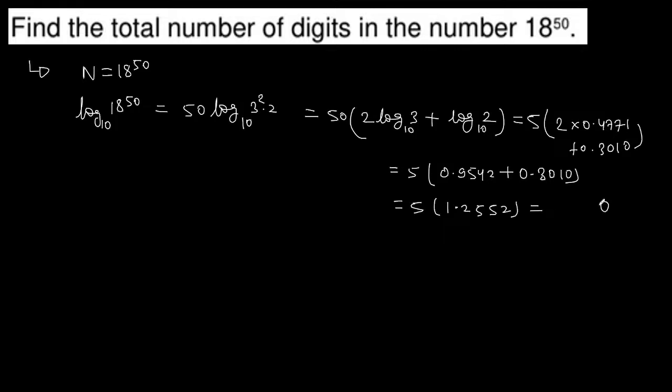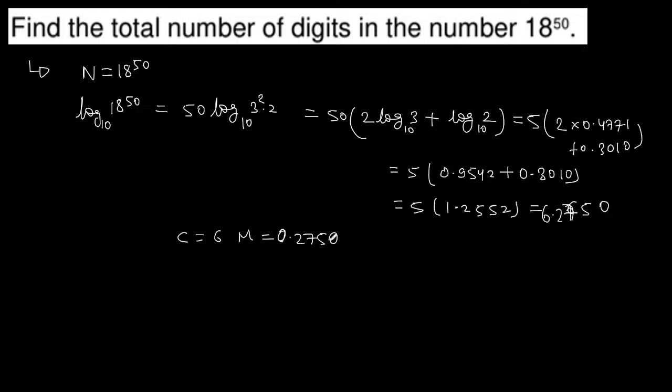This is 62.7, so here we can say that the characteristic is 62 and the mantissa is 0.2750.